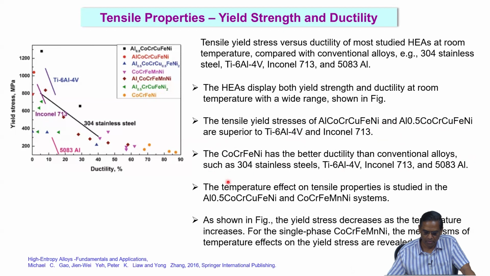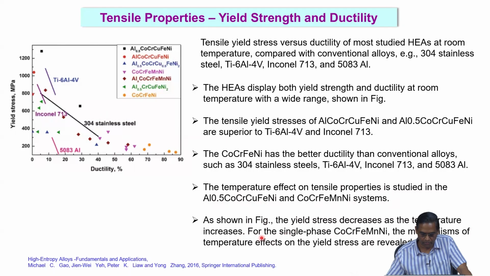And cobalt, chromium, iron, nickel has better ductility than conventional alloys such as 314 stainless steel, Ti-6-4, Inconel 713 and 5083 aluminum alloys. The temperature effect on the tensile properties was studied in aluminum 0.5, cobalt, chromium, copper, iron, nickel and cobalt, chromium, iron, manganese, nickel systems.